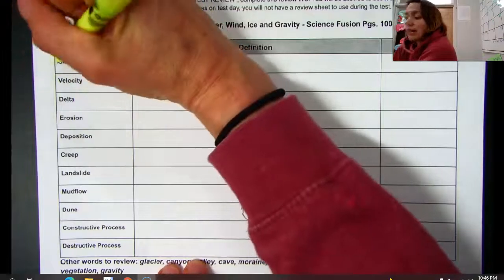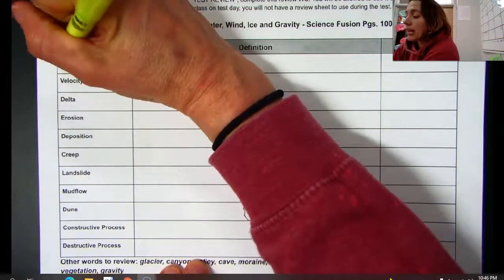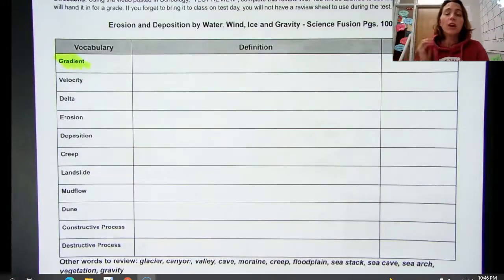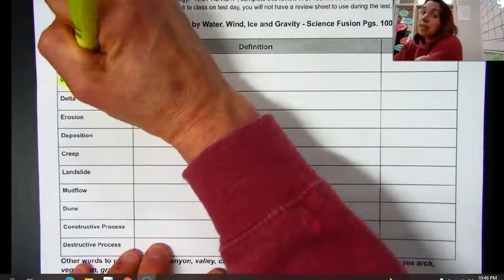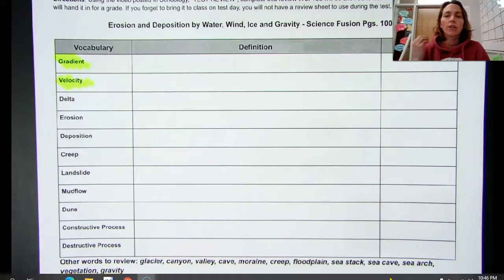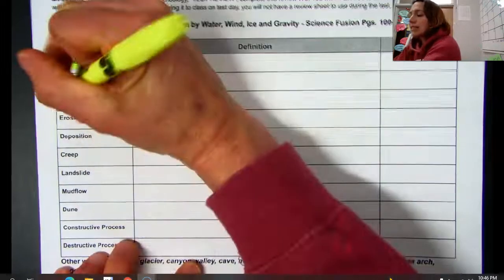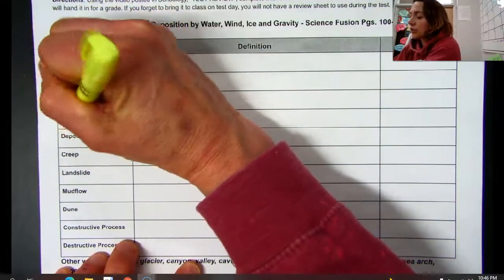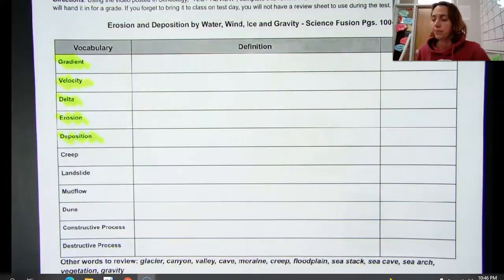So, I think all of them are, but if we had to break it down, you need to be comfortable with the word gradient. You're going to see that word tomorrow. You're going to see the word velocity. You are going to see the word delta and erosion and deposition. Those are 5 words I really need you to be super comfortable with. Okay? Next.